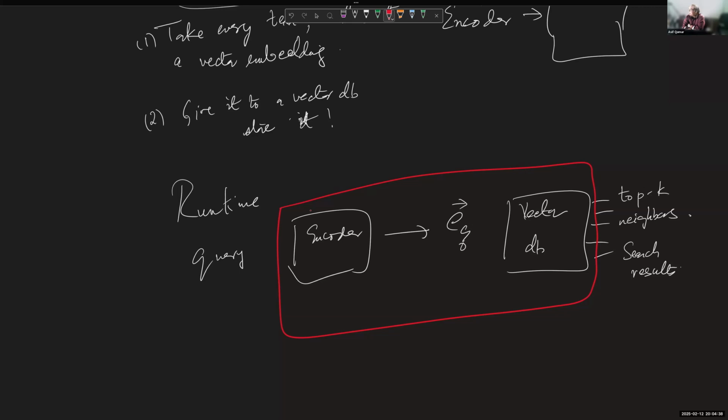Somebody on Zoom had a question. The encoder that we use to convert to vectors has to be the same encoder as the one used for the query.